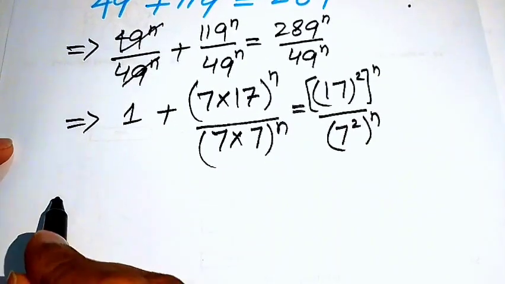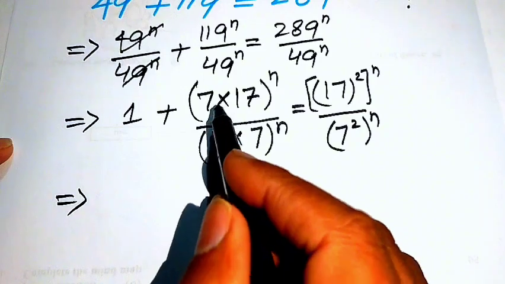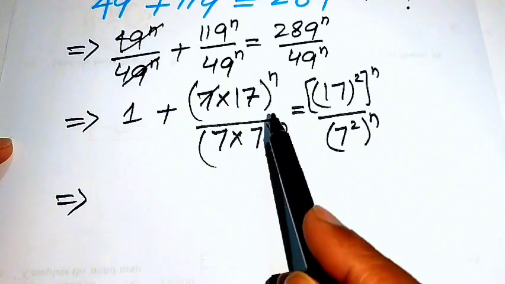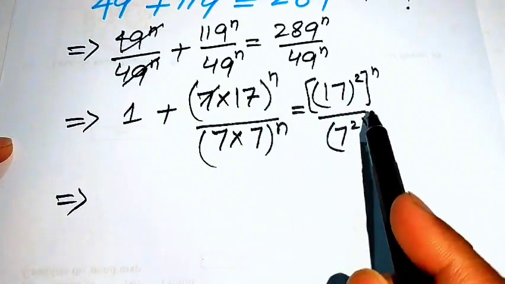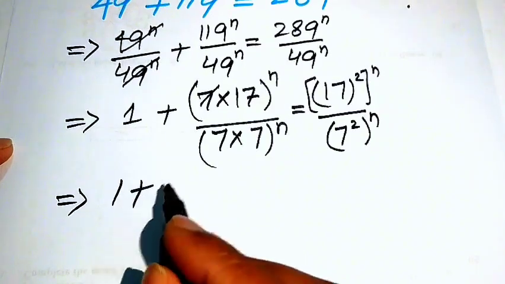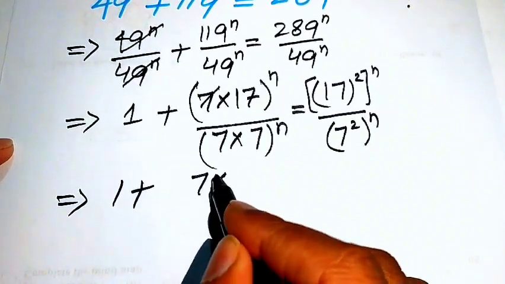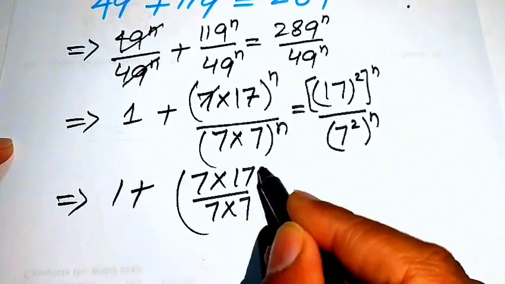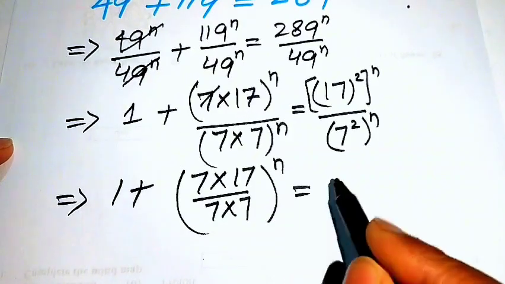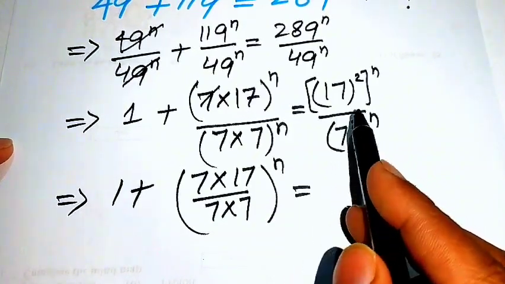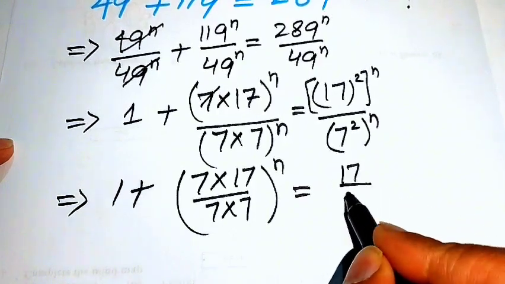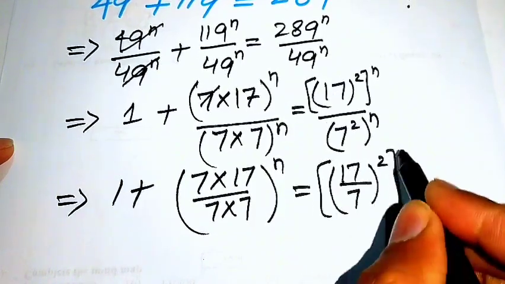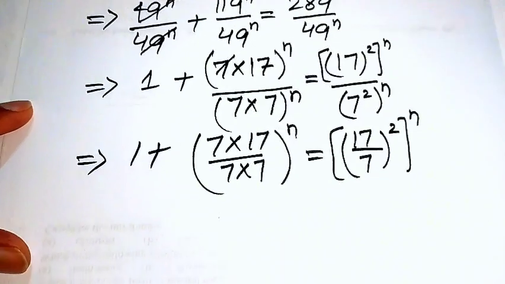So in the next step here we need a little bit of simplification. First we combine the exponent of these terms and these terms as well. So we write it as 1 plus 7 multiplied by 17 over 7 multiplied by 7 and its whole power n equals, here we again combine the exponents of these terms and we write it as 17 over 7 and its whole square and its whole power n.